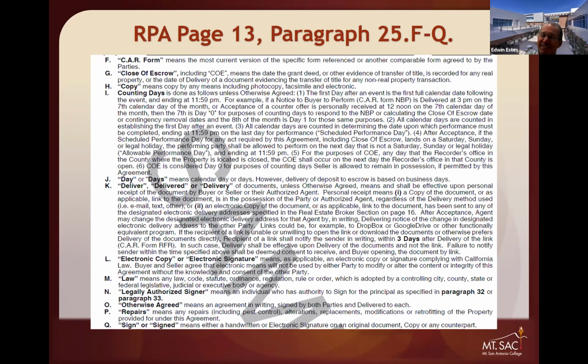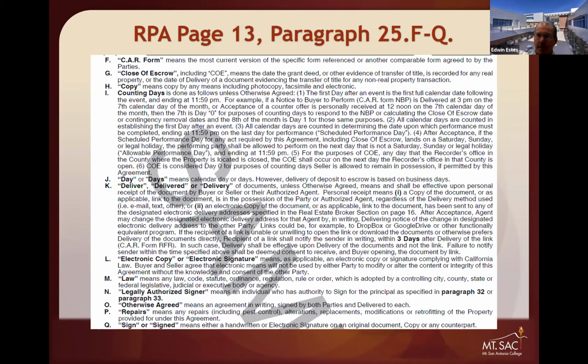So a business day is a day that escrow is open. If the county recorder's office is closed, title is typically closed and escrow is closed, right? Because escrow doesn't open unless the county recorder's office is open and banks have to be open. They all have to be open at the same time. So we are talking business days with the deposit.